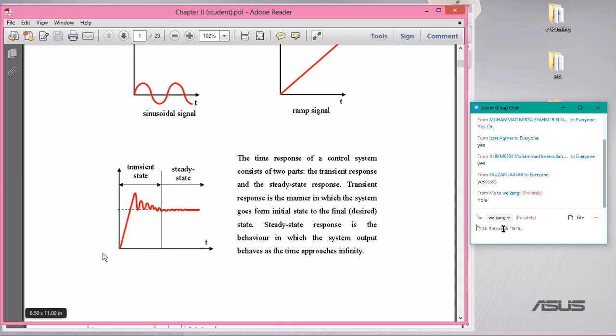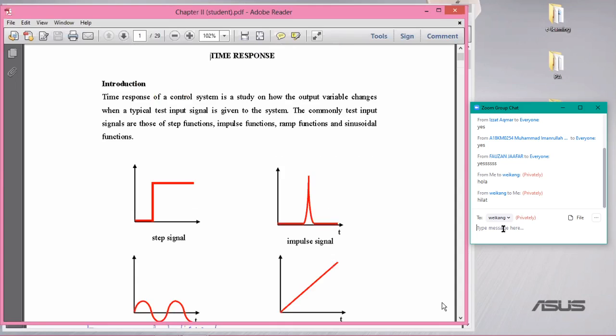We are going to look into details specifically how the response is going to look like. Sometimes there's no oscillation, sometimes there is no overshoot, sometimes the response is very fast, sometimes very slow. We are going to analyze that in this time response chapter.